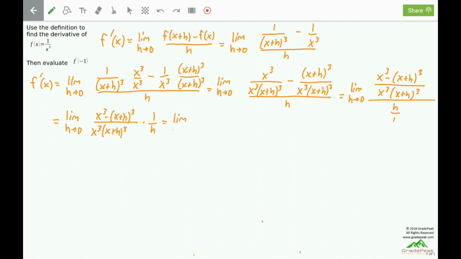And we can multiply those together, which will retain an h in the denominator. I'll just put it in front, and I have h times x cubed times x plus h cubed.